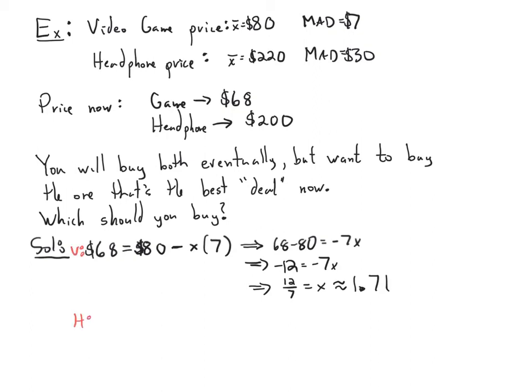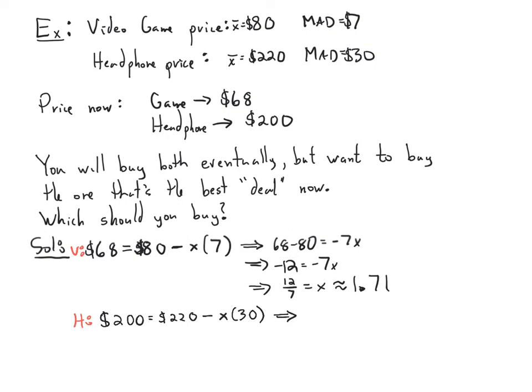And then for the headphones, well, we have a price of $200. And it has a mean of 220, and that's going to be so many MADs away from the mean of 220. So let's figure that out. So again, we're going to solve for x.